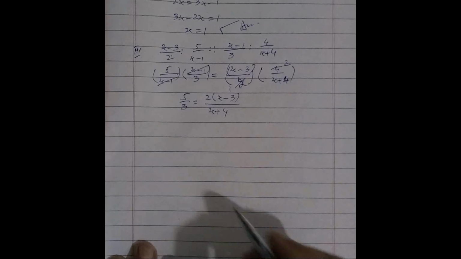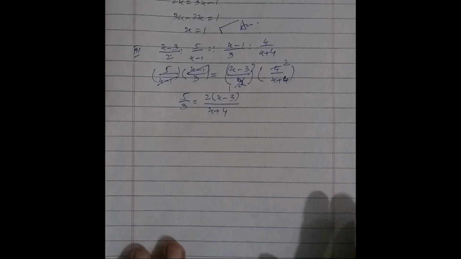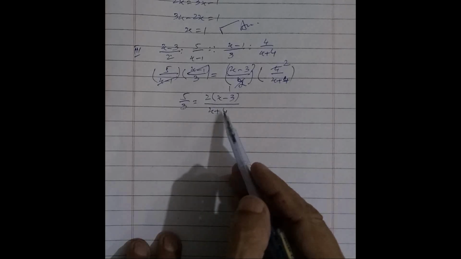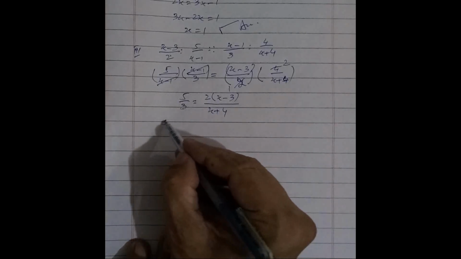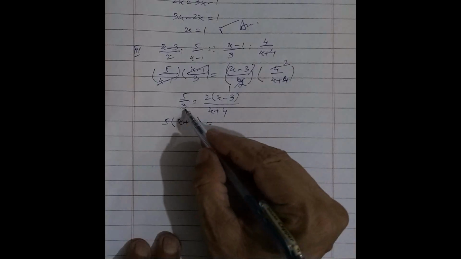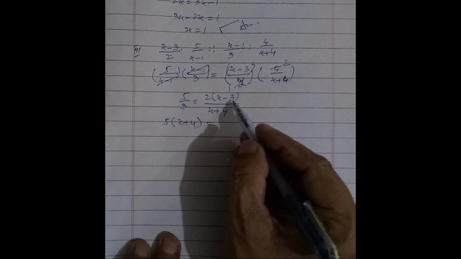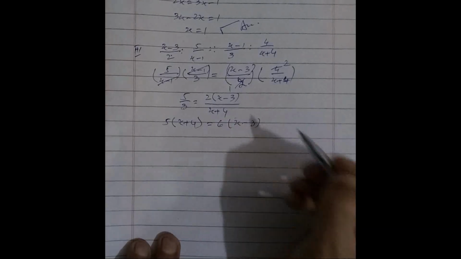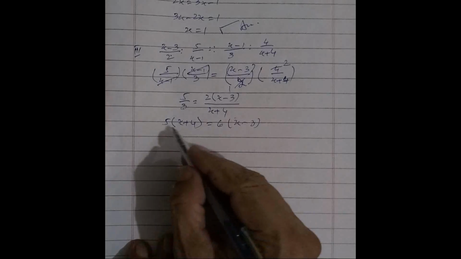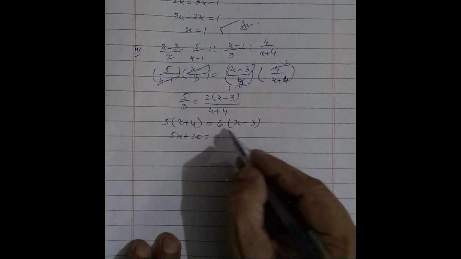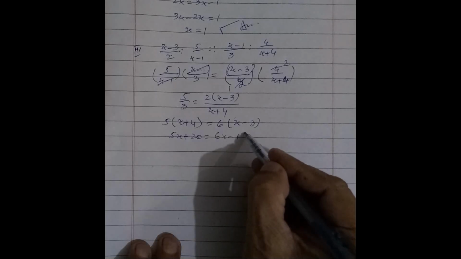We cross multiply these values. This multiplies with this, and x plus 4 with 5. We have 5 times (x plus 4), and 3 multiplied by 2 into (x minus 3) gives 6 into (x minus 3). Then simplify, we get 5x plus 20 is equal to 6x minus 18.